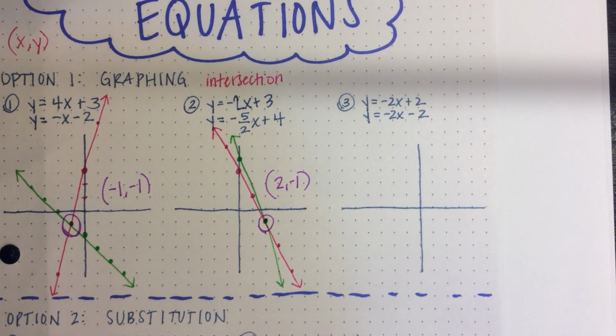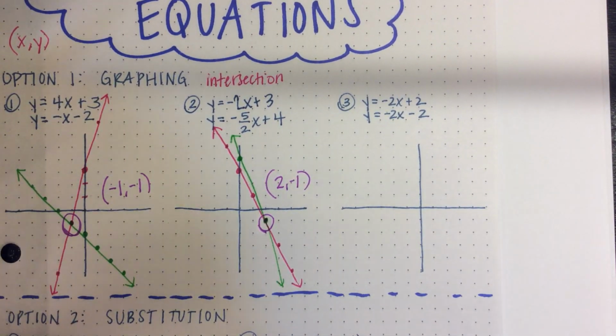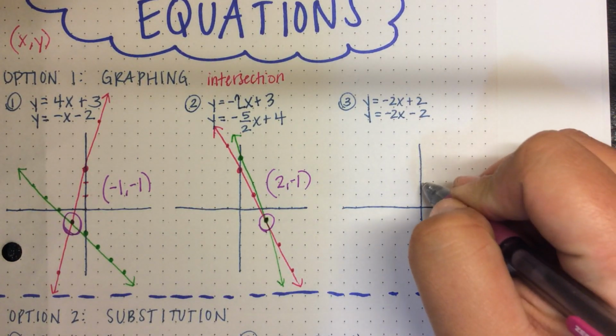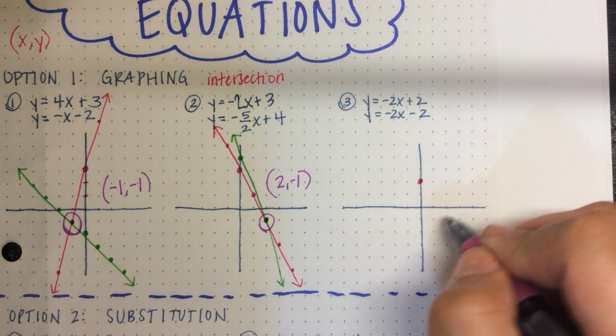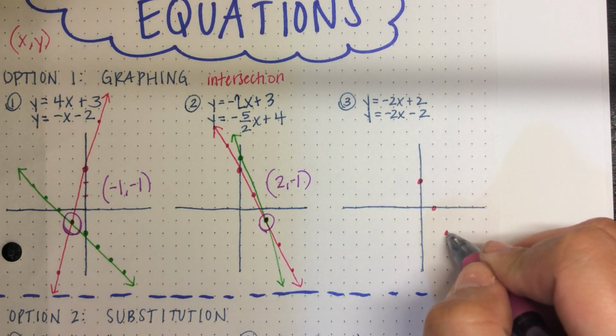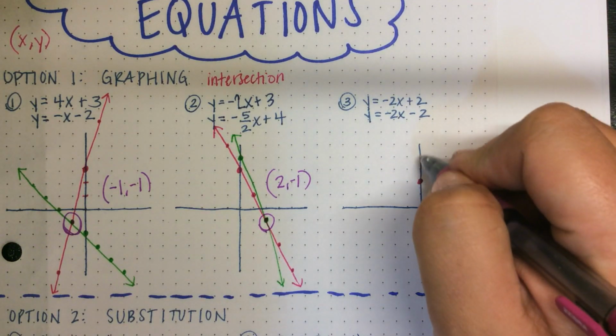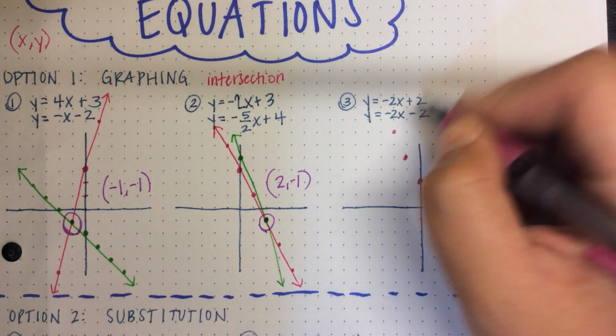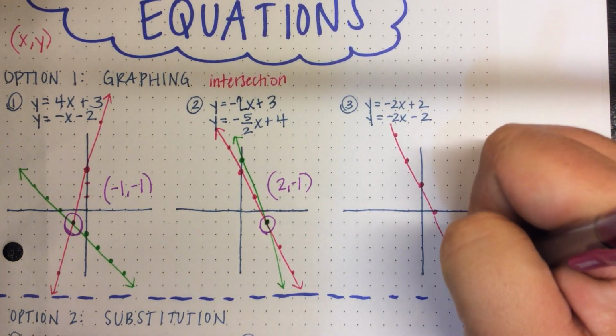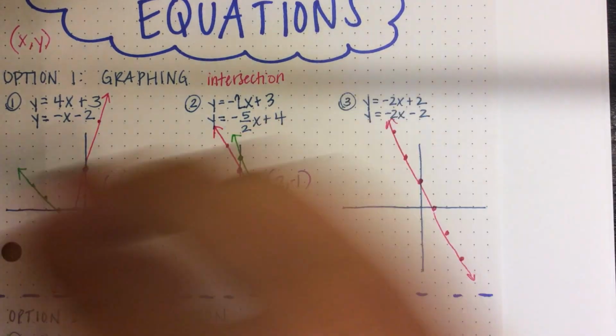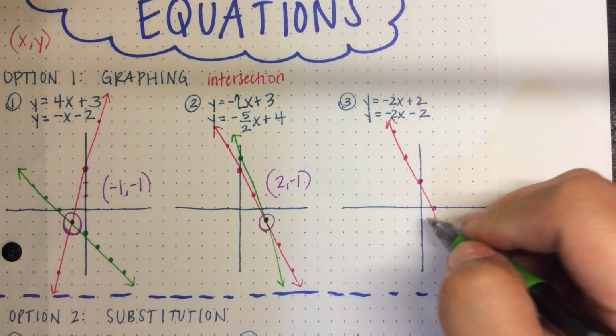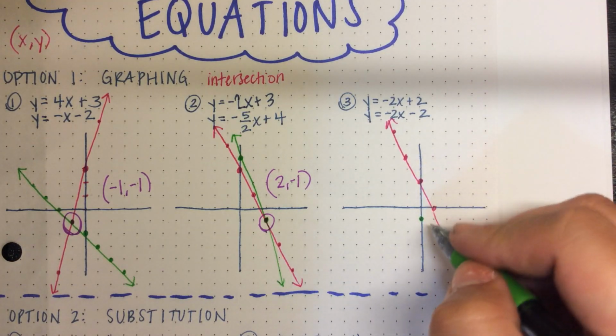And then for the third one, the first one is negative 2x plus 2. So then I'm going to go down 2, right 1, down 2, right 1. Fill up, draw my line. And then for the second one, I start at negative 2, and I have a negative 2 slope again.